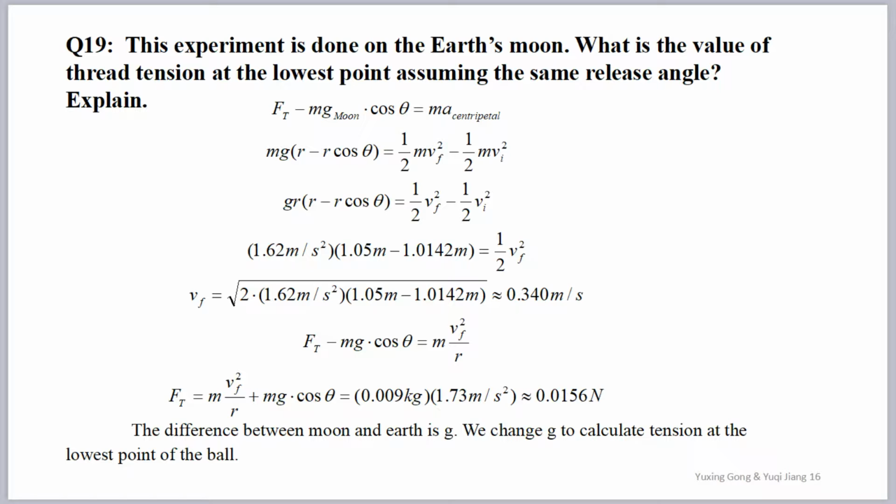And then we know mgh equals 1/2 m vf squared minus 1/2 m vi squared. That means we can use this function to get our vf squared. Then we can get vf equals 0.34.